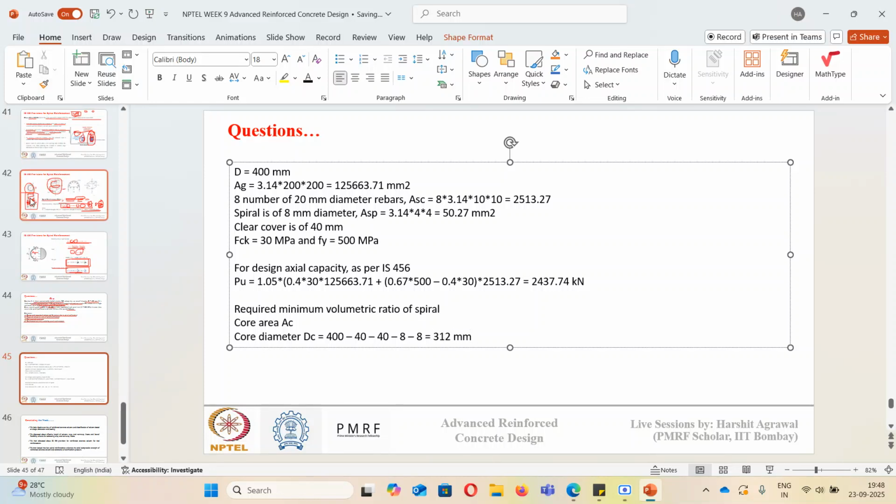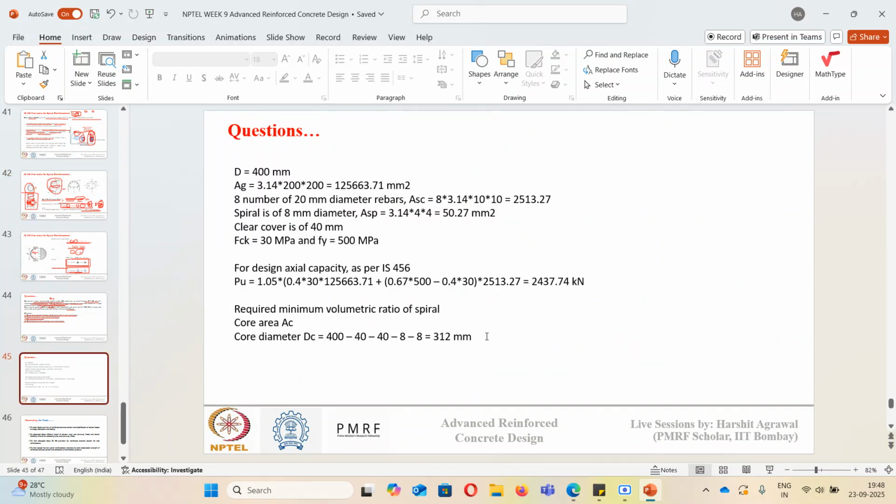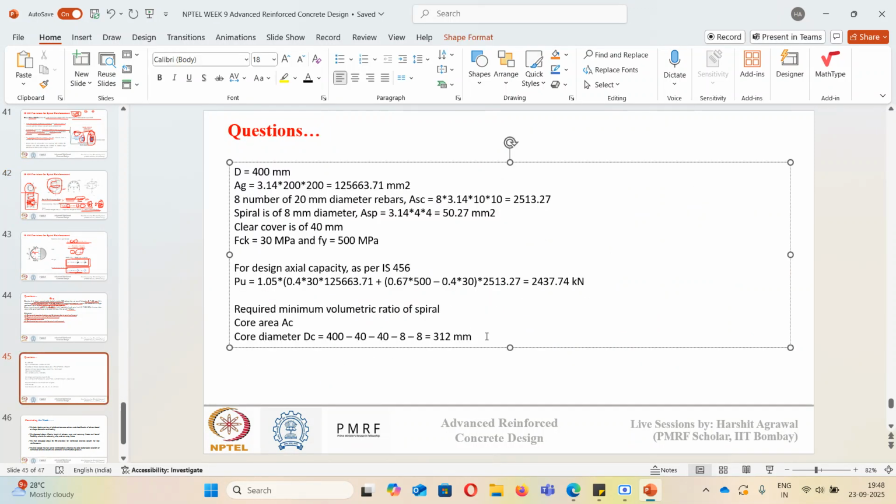So you see, core means this diameter, which is enclosing all the longitudinal reinforcement and the center to center distance of the spiral. So that is my core diameter, and that's why I have done 8 minus 8. Without spiral reinforcement, the diameter given to us as core diameter is 312.